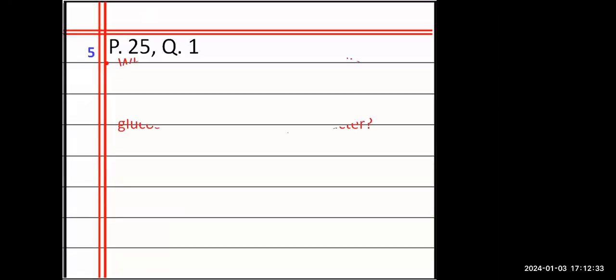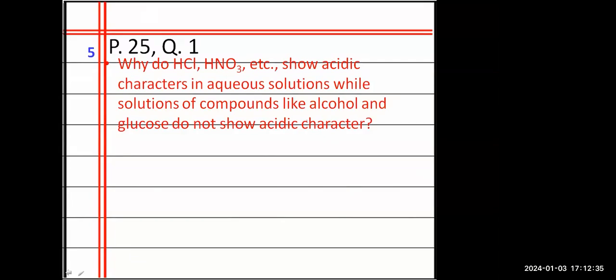So now the things are very clear. This is the question based on the concept. Why do HCl, HNO3 show acidic character in aqueous solution, but compounds like alcohol and glucose do not show acidic behavior? The answer we have seen on the last slide. Because the ions get produced, the acids show acidic behavior.